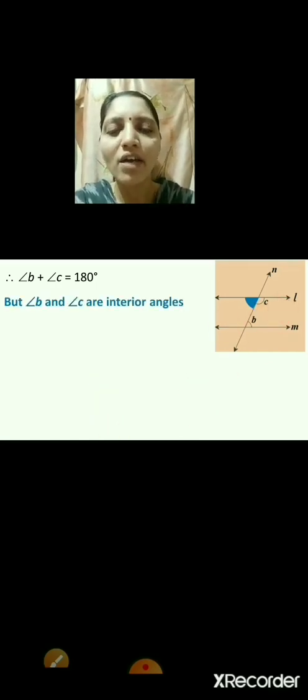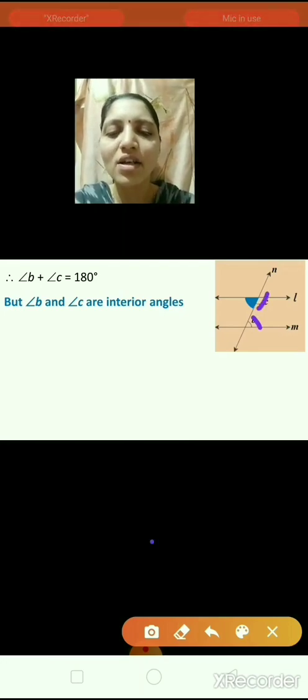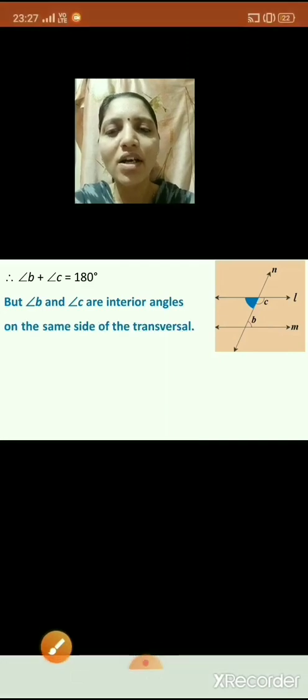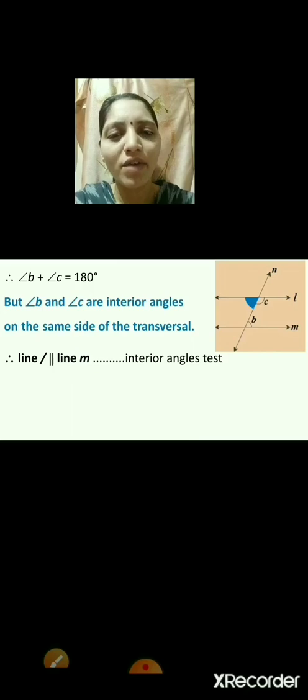But if you observe this figure, angle B and angle C, these two angles are interior angles. So we can write here, angle B and angle C are interior angles on the same side of the transversal. So they must be supplementary. That means we can say that line L and line M are parallel to each other by interior angles test.